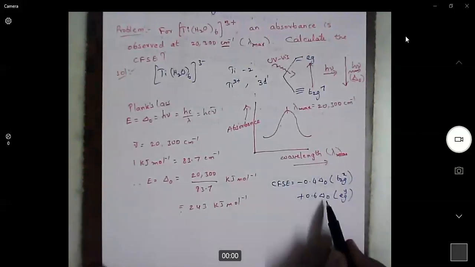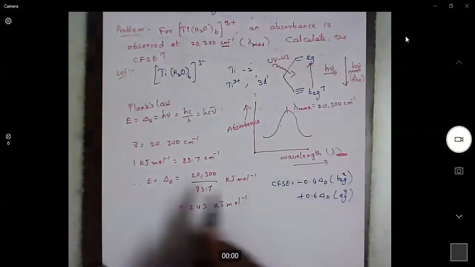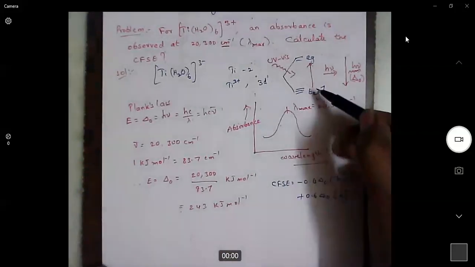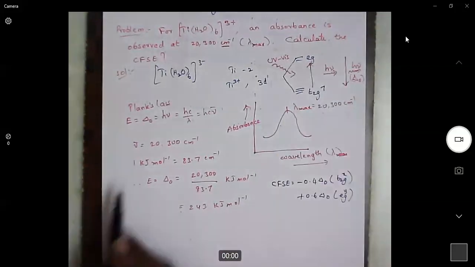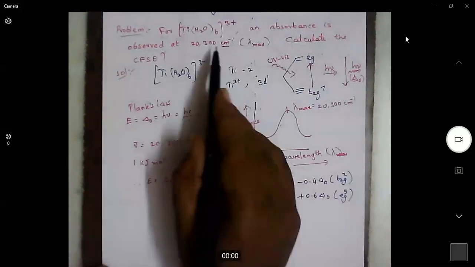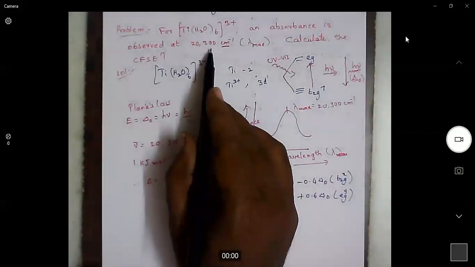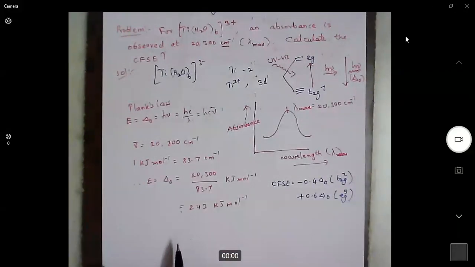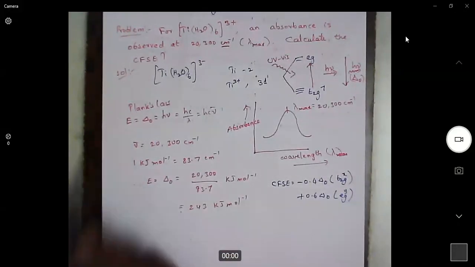But we don't know delta naught, right? So delta naught is nothing but the energy difference between the t2g level and eg level that we have calculated from Planck's law. So they have given 20,300 centimeter inverse for lambda maximum, so we have calculated delta naught.